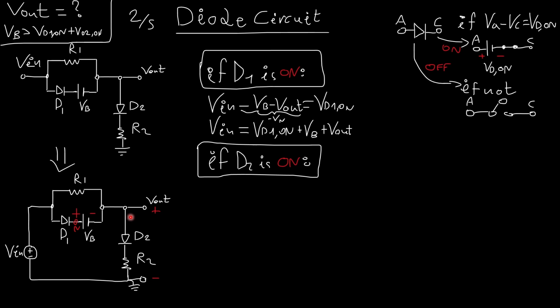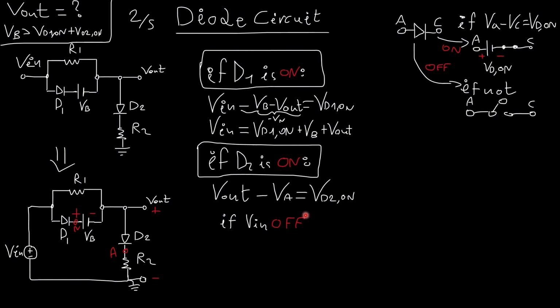Now what if I forget about this diode and check when this diode will be on? Well, if I name this point A, for the diode to be on, I should have this relation. Vout minus Va must be equal to Vd2 on. Right?